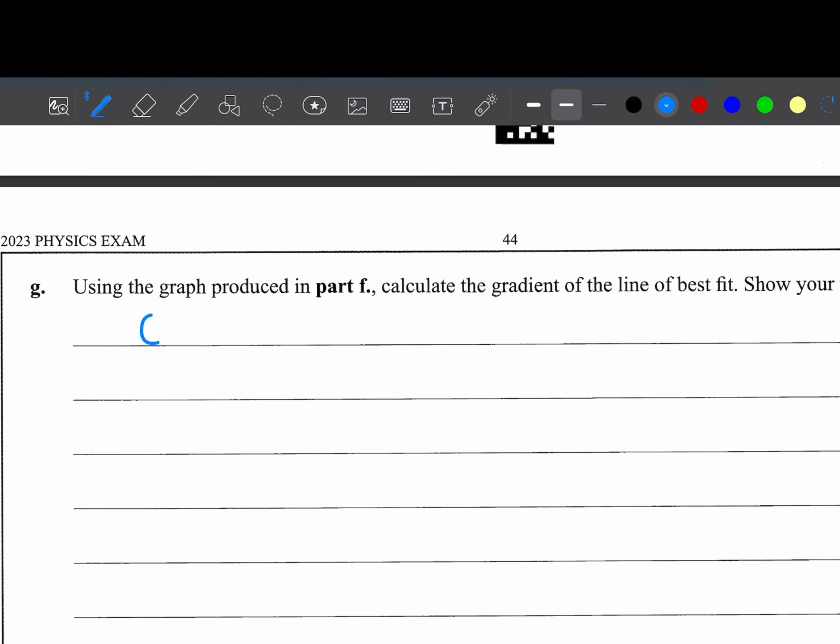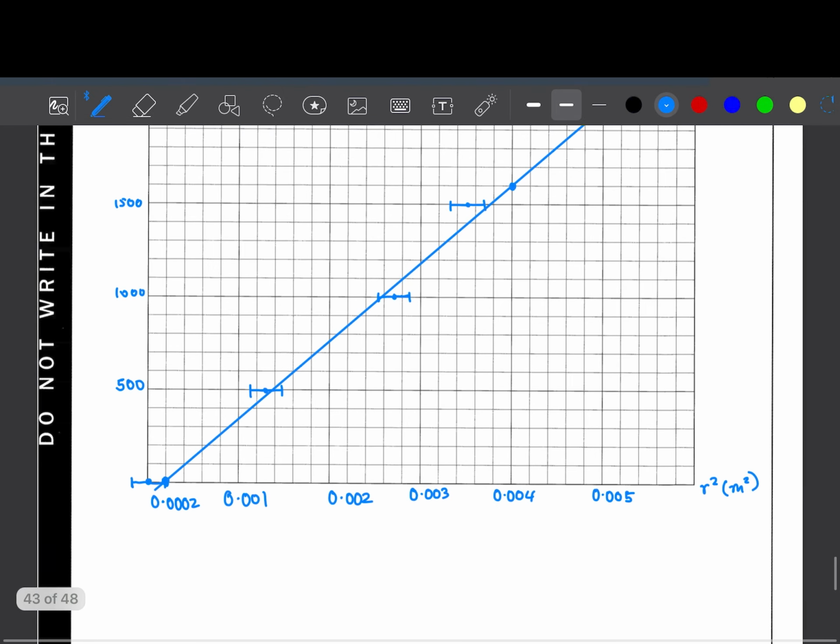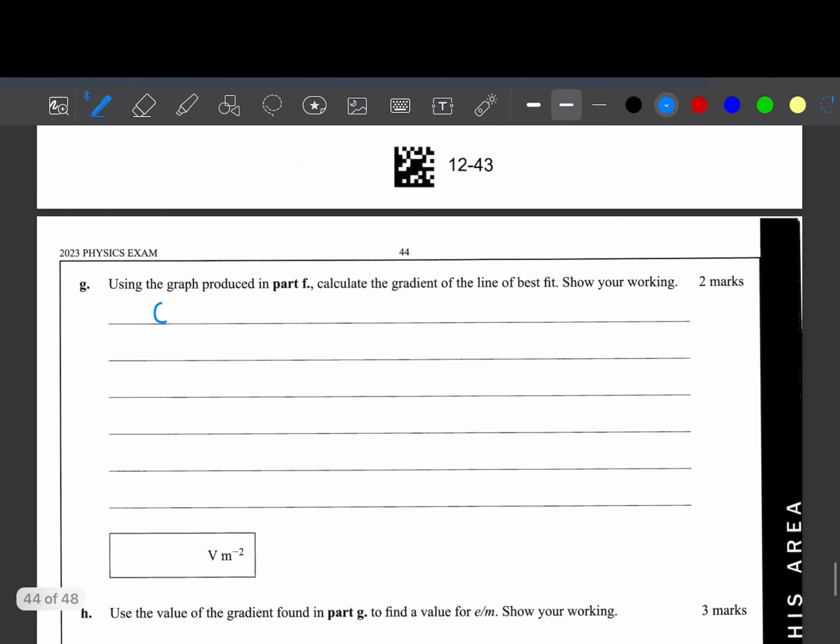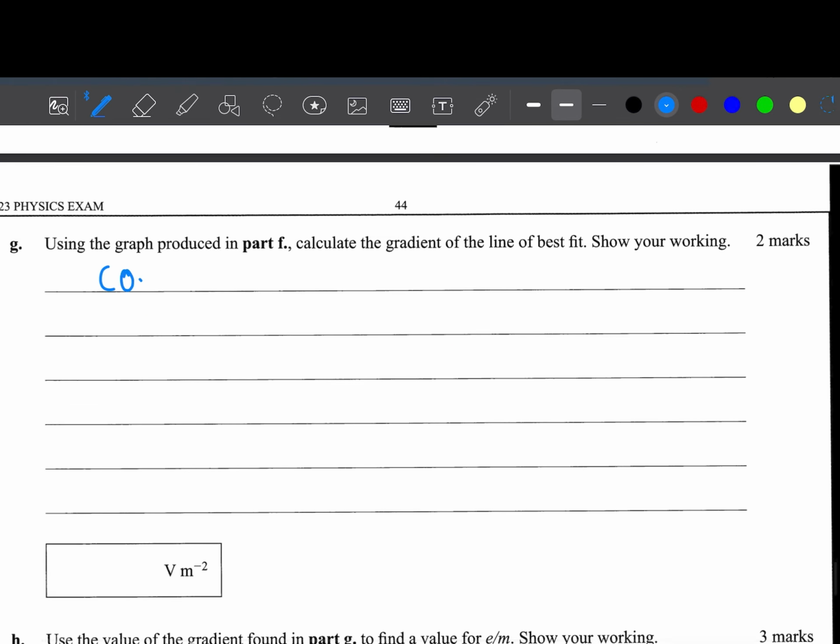So our coordinates will be 0.004 and 1600, and the next coordinate would be 0.0002 and 0.